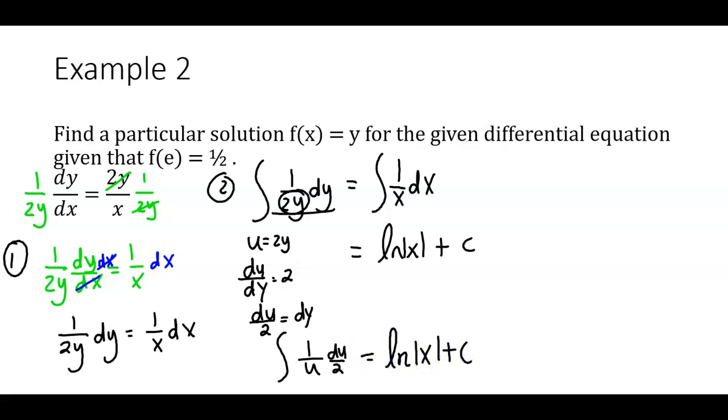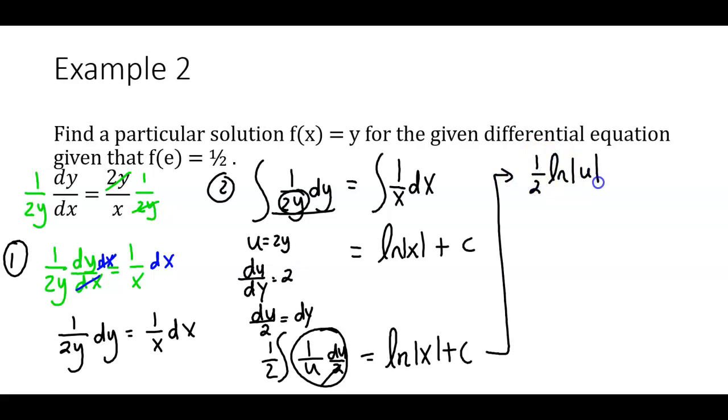All right, so this 2 here, I can bring that out to the front. And now I can integrate this and just call it ln of u. So now I've got 1/2 ln of the absolute value of u is equal to ln of the absolute value of x plus c.